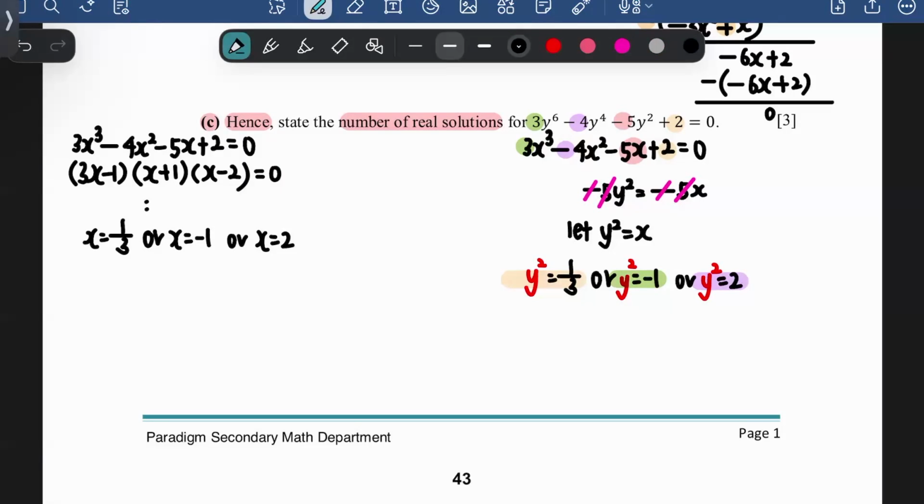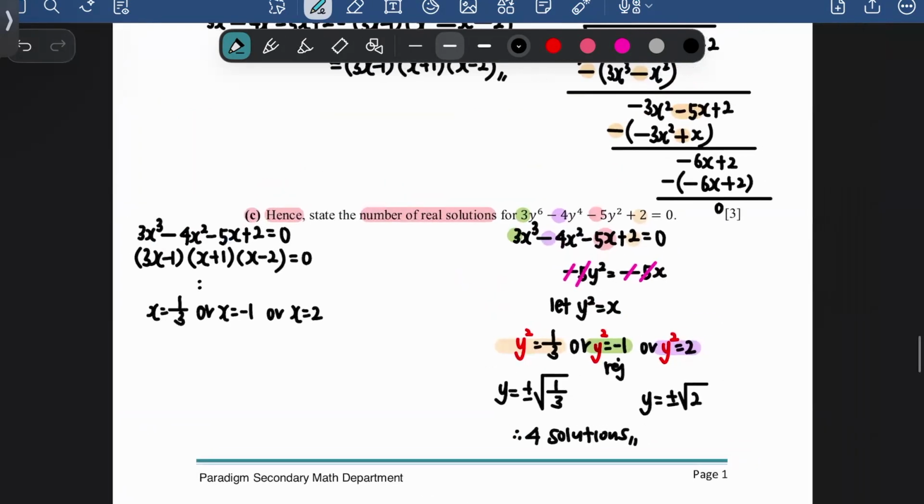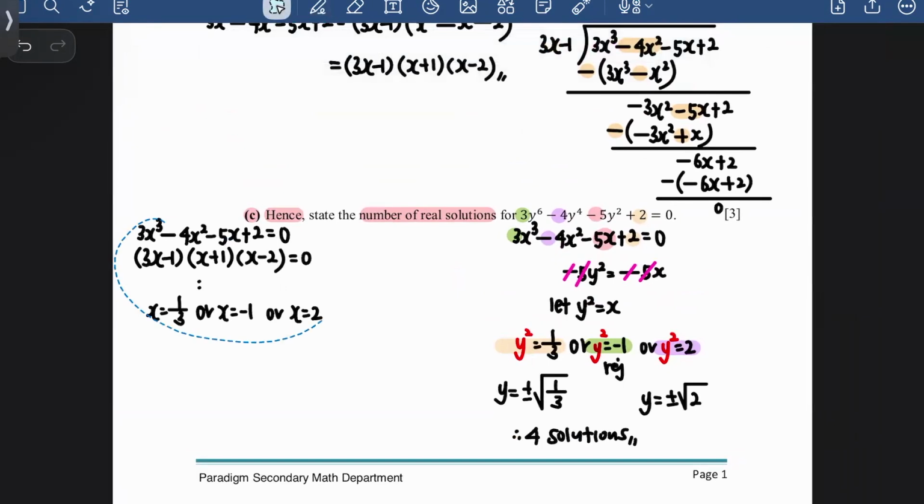So if we write down, y is plus minus square root 1/3, this one is rejected, and this side is plus minus square root 2. So how many solutions are there all together? Answer the question. They never ask you to solve. They ask you to state the number of solutions. So we have 4 solutions. Okay, so this is how we do this kind of question.